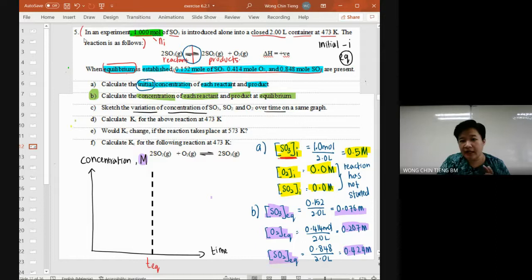Okay, cara nak lukis bila kamu ada data, tengok data yang paling tinggi untuk semua orang. Saya ada 0, saya ada 0.5, saya ada 0.076, saya ada 0.207, saya ada 0.424. Kenapa saya kata nak tengok siapa yang paling tinggi? Sebab dia sketch, betul?